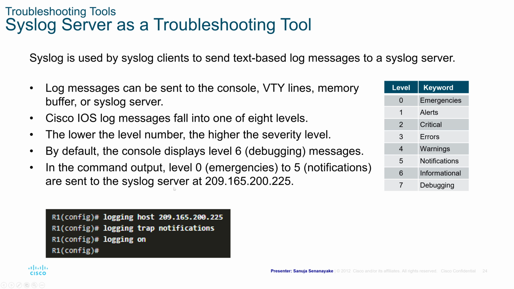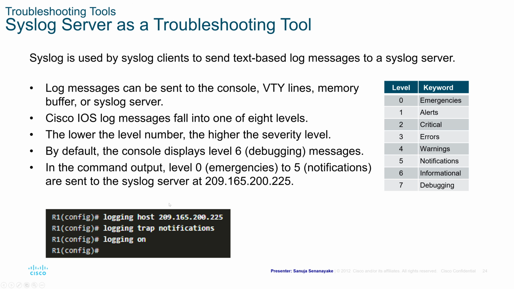In the command output, level 0, which is emergencies, all the way to 5, which is notifications, so 0, 1, 2, 3, 4, 5, are sent to the syslog server located at 209.165.200.225. How do we know that? Because when we look at this particular example image, it shows that's where the logging is going to happen, even though they don't mention that here.